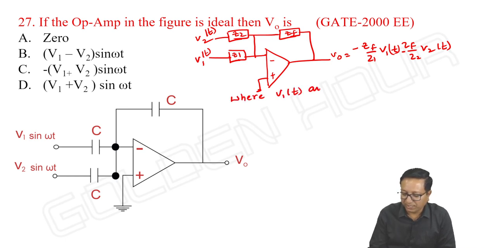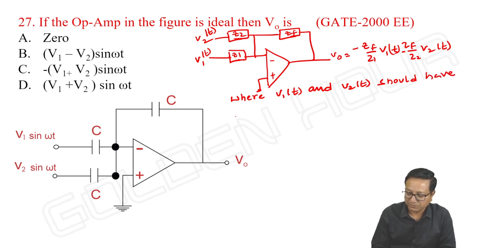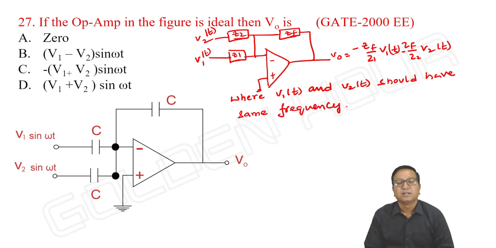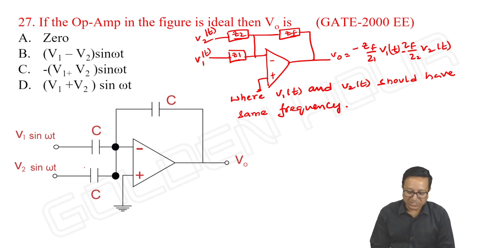V1 of t and V2 of t should have the same frequency. That's very, very important.